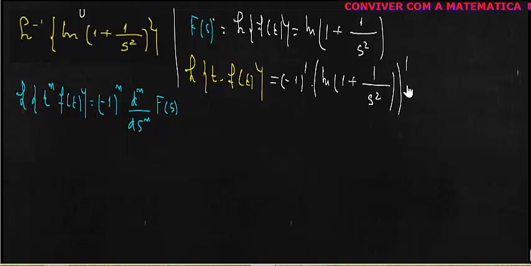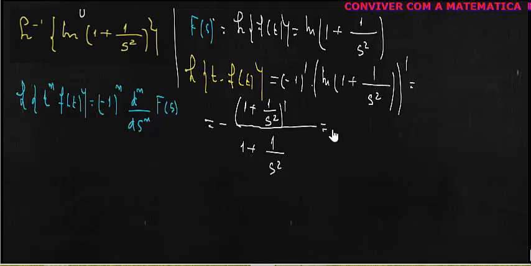So it is the same as to have minus, and now I'm going to calculate the derivative of the logarithm of 1 plus 1 over s squared. As you know, it is the same as to have 1 plus 1 over s squared, prime, over 1 plus 1 over s squared.